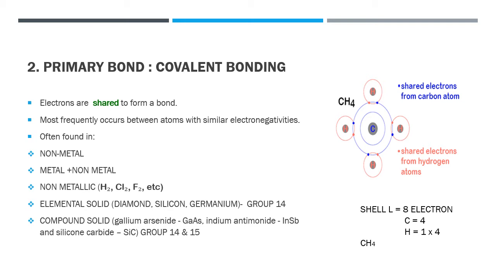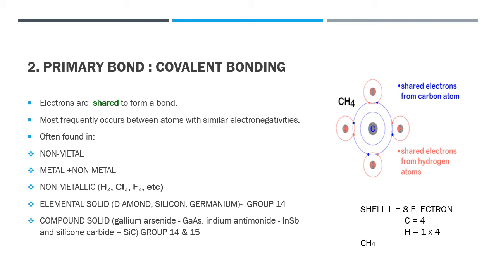On your right is the typical example of covalent bonding, which is CH4. We have carbon. The carbon has 4 electrons in the outer shell, and to complete it to become 8, it needs 4 hydrogen, with each hydrogen having only 1 electron.